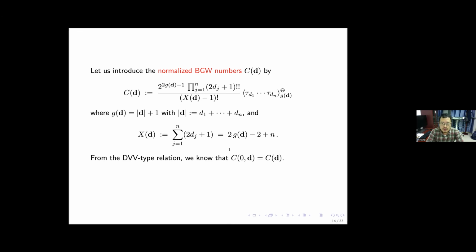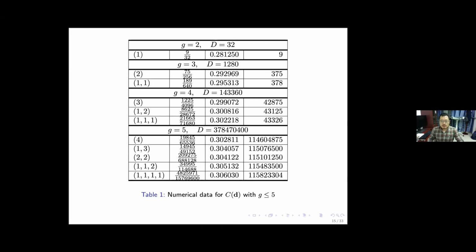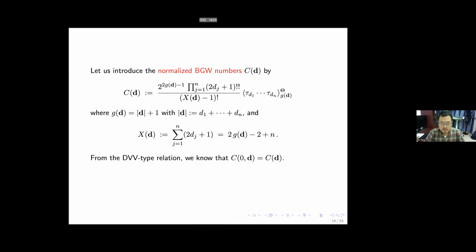Now let us give a list of these renormalized BGW numbers C_D. They are normalized by some simple factors; the essential numbers are the primes.